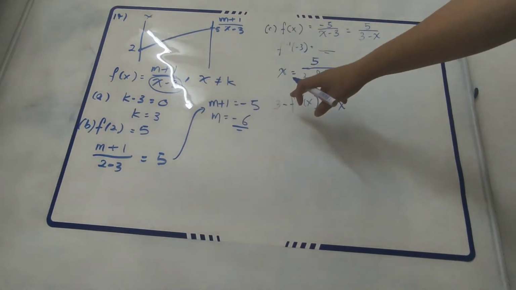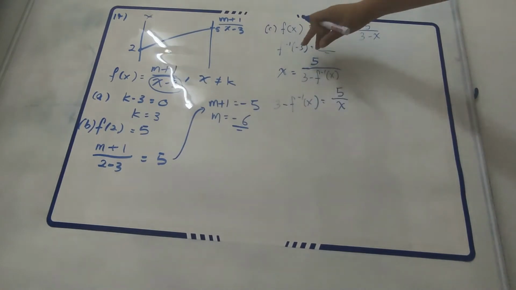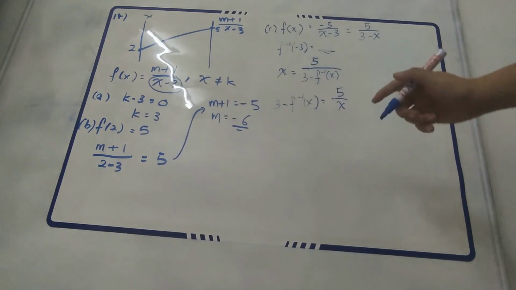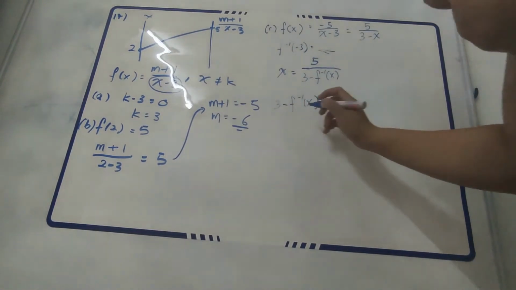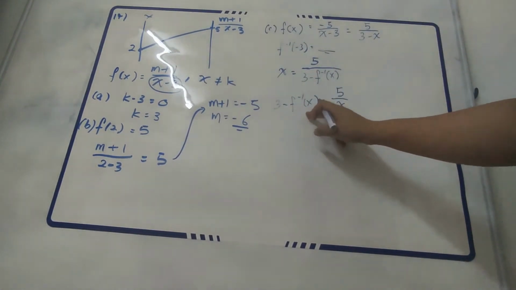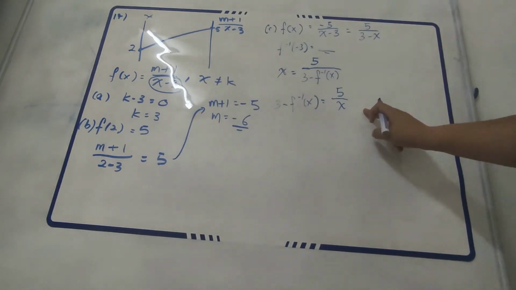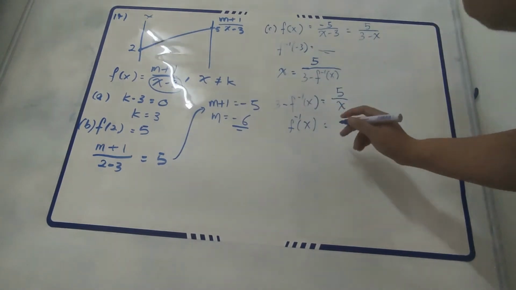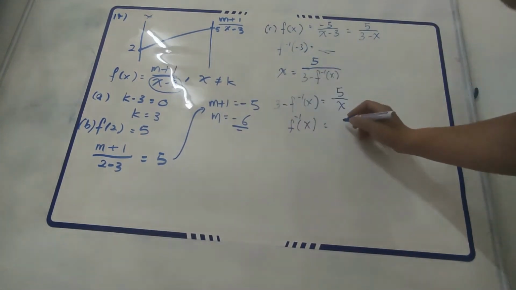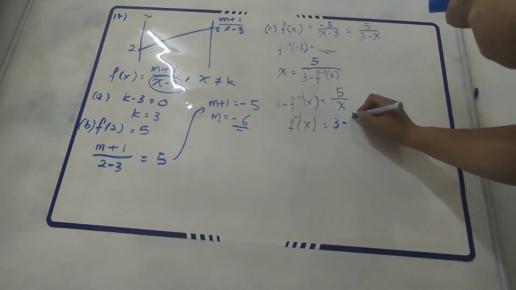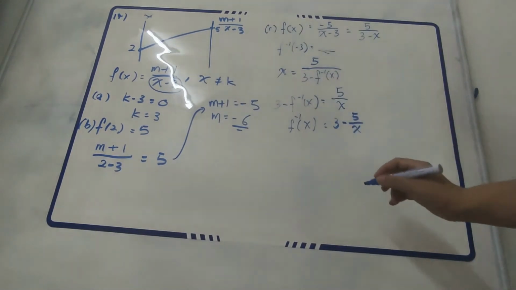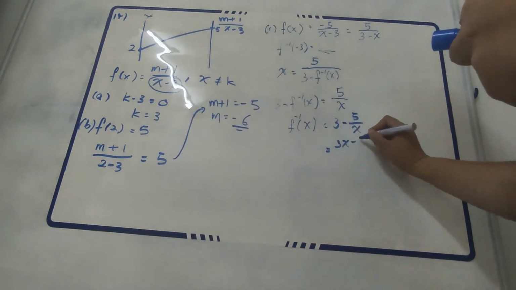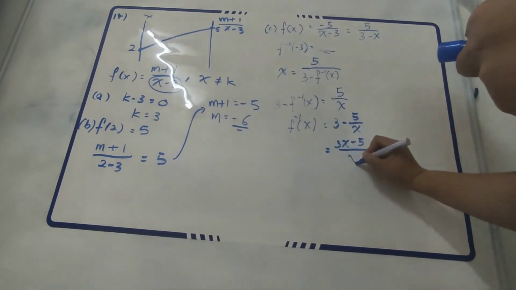Then you move the inverse function of f to the right hand side, and this one to the left hand side, becoming 3x minus 5, so the inverse function is (3x minus 5) divided by x.